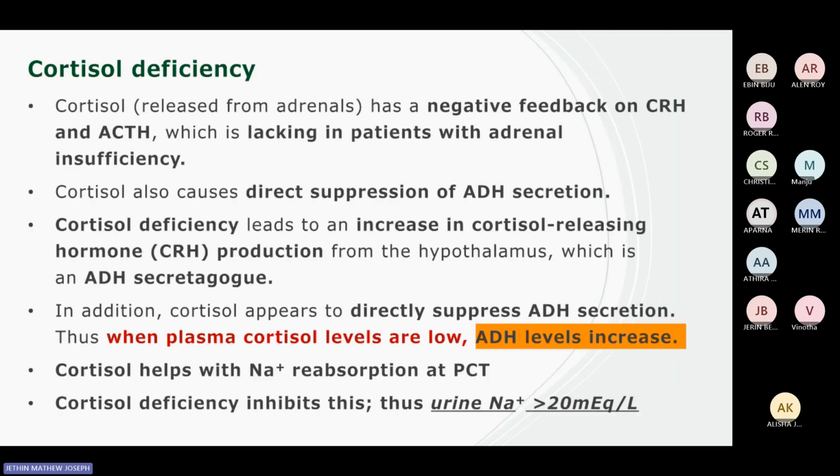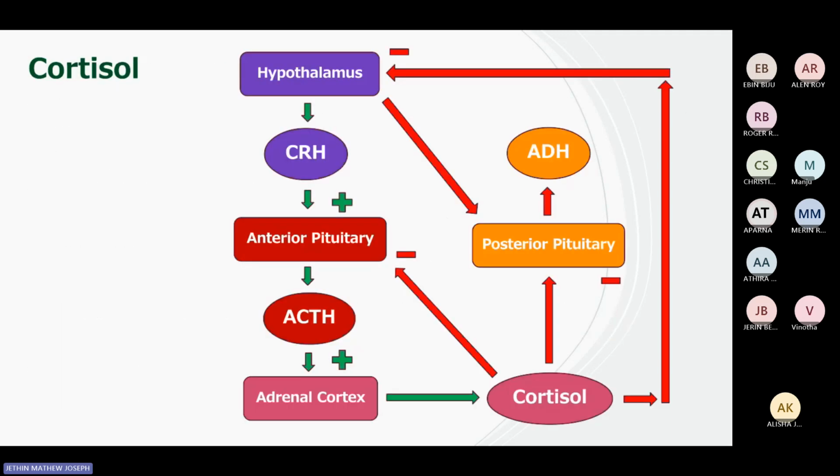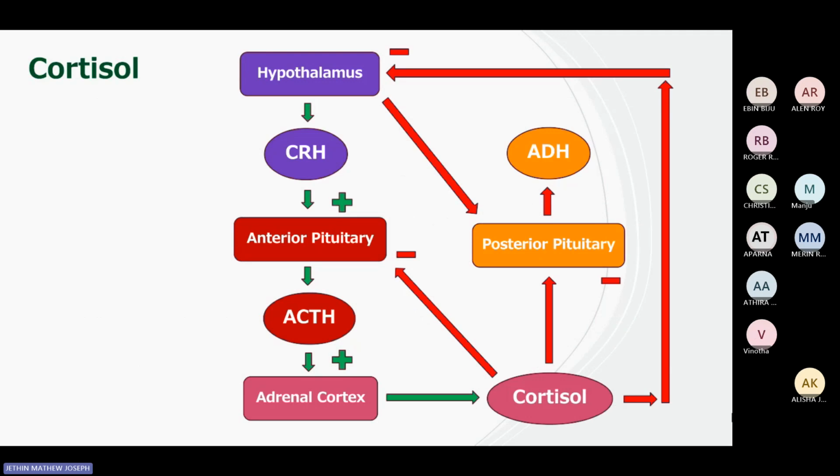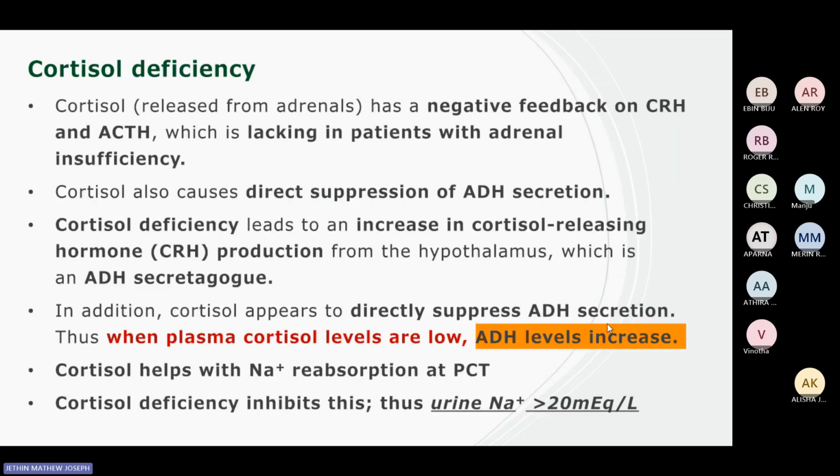So what happens when there is cortisol deficiency? This whole thing is going to get compromised. If there is cortisol deficiency, it is not going to regulate ADH release by restricting it, so ADH release will be more. In cortisol deficiency, ADH levels are going to increase. And there is one more thing: cortisol helps with sodium reabsorption at the PCT.